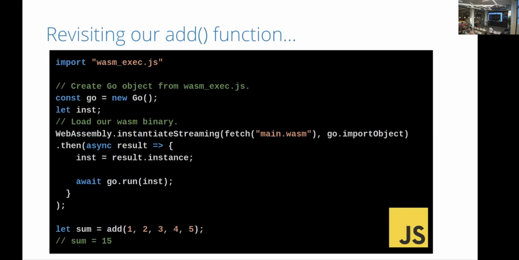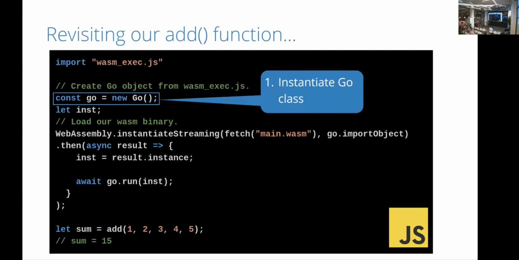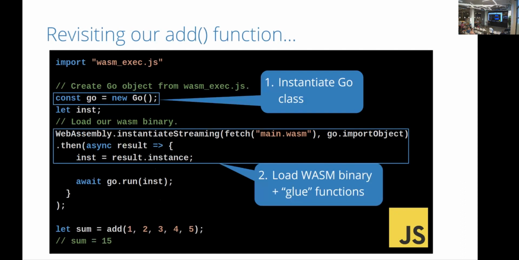So here's where wasm_exec.js is used to load the add function we had written earlier. So the first thing we need to do is initialize the Go class. We then invoke the WebAssembly.instantiateStreaming function, whose arguments are the WASM binary and the Go class's glue code stored in importObject. This instantiateStreaming function loads the WASM instance we seek to run.